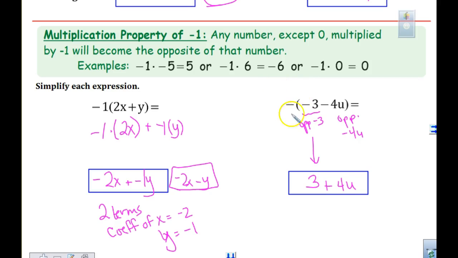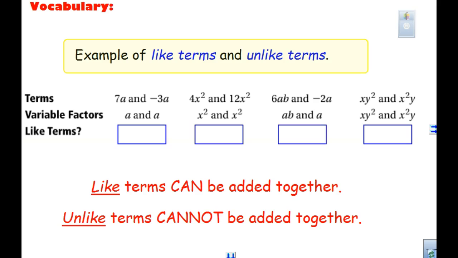This out in front is telling us to take the opposite of whatever is inside of here, okay? Again, 2 terms in our answer that we are looking at. 3 is the constant. So 3 is our constant term. We have 2 terms in our answer, okay? So it's very likely that on Thursday, there will be a small homework quiz on some of the vocabulary part of this.